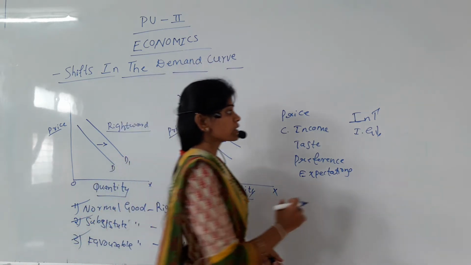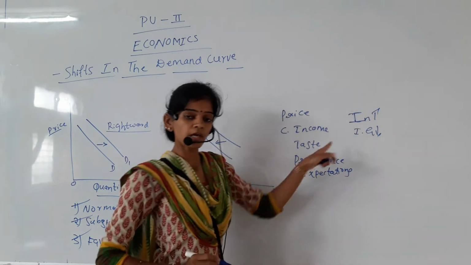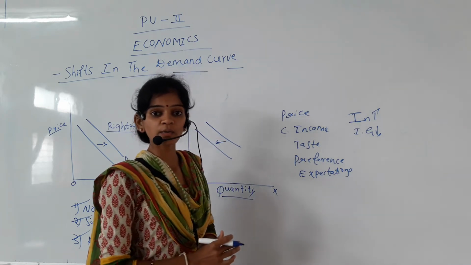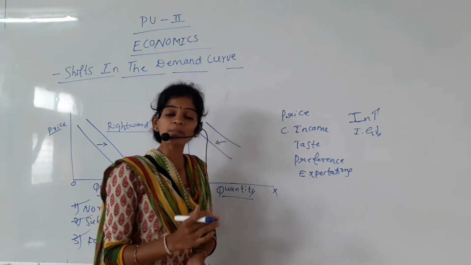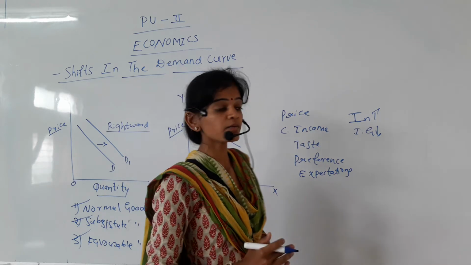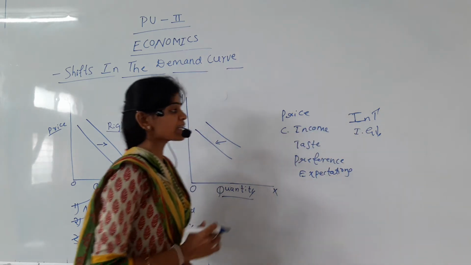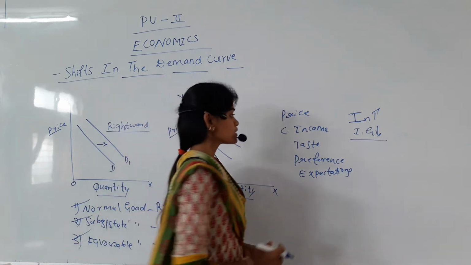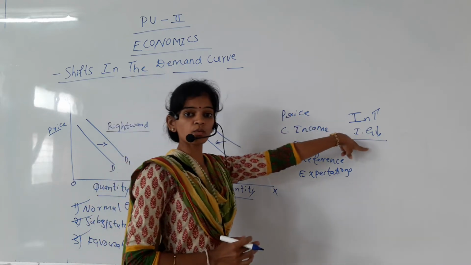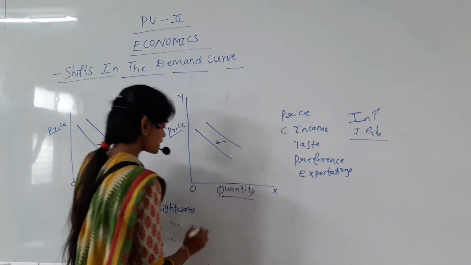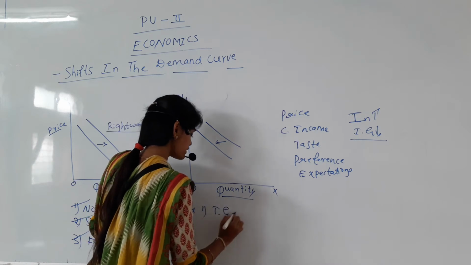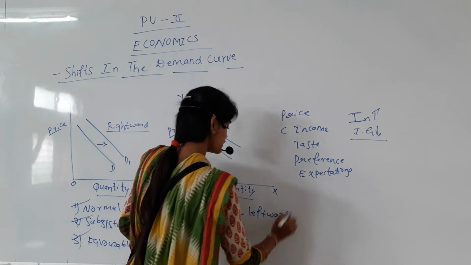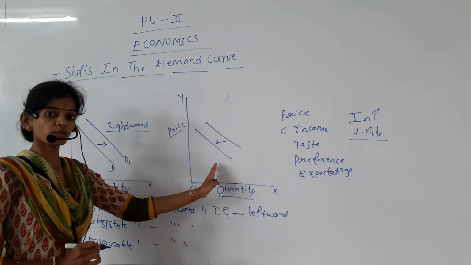If the consumer's income is increasing, we prefer a 3-star or 5-star hotel, or purchasing in Reliance or a mall if we have enough money. Inferior goods means low quality products. So if income increases, inferior goods demand decreases, and for inferior goods the demand curve shifts to the left.